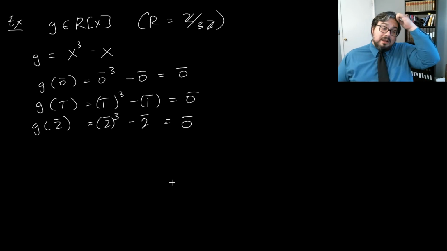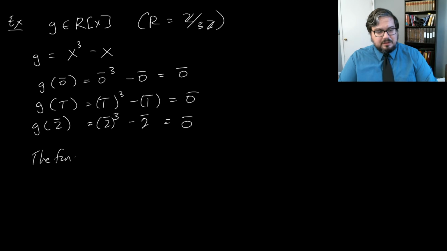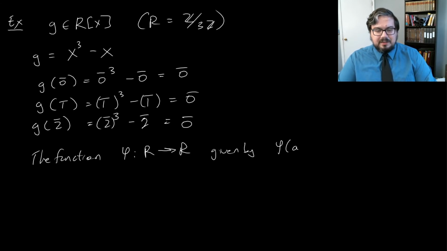No matter what element we plug into g, we get 0 out of the evaluation process. That means that the function phi from R to R given by phi of a equals g of a is the 0 function.